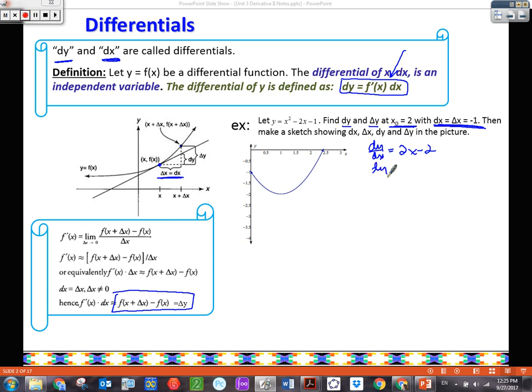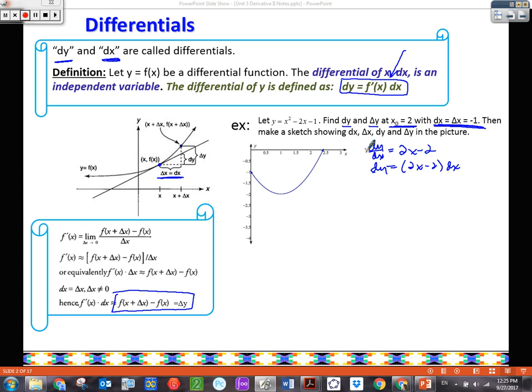So I say dy equals, I'm going to multiply both sides by dx. 2x minus 2 dx. I have the formula. See why that one's really easy? I mean, this is a normal notation for derivatives. We're just multiplying by the differential, by dx on both sides.